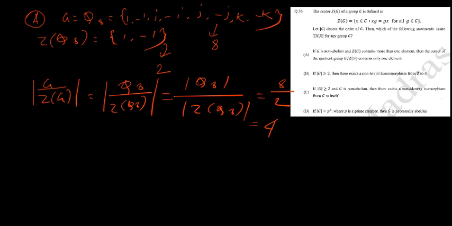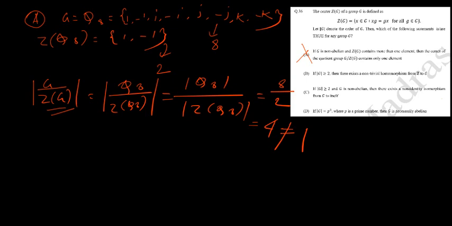That means this quotient group has 4 elements, but it is not equal to 1. So option A is incorrect.